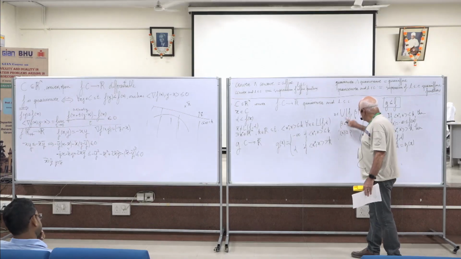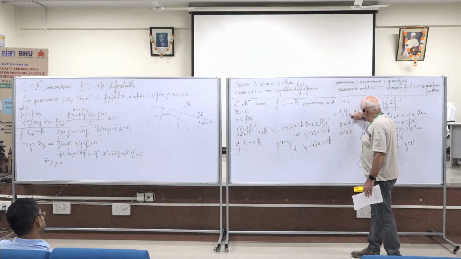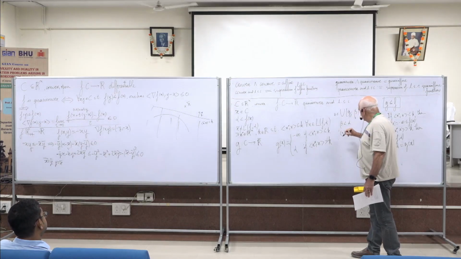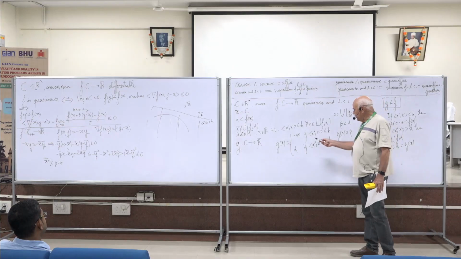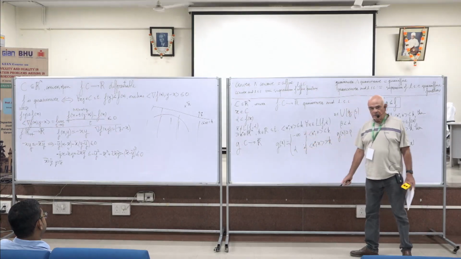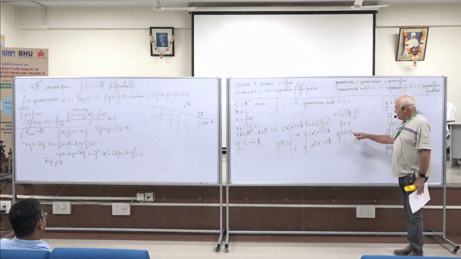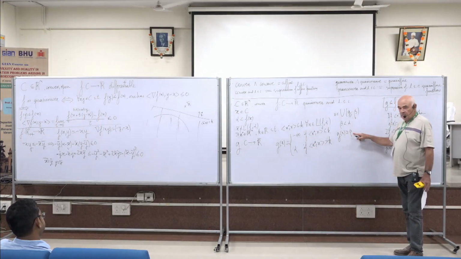I'm considering the upper level sets of g. g only takes two values, minus infinity and alpha. So greater than or equal to beta must be alpha.